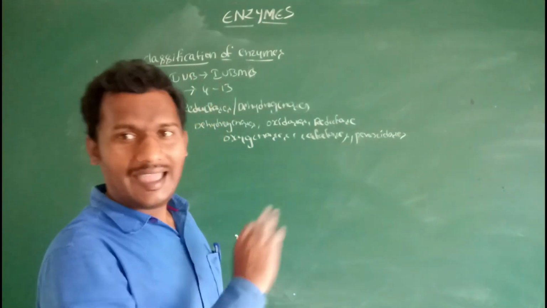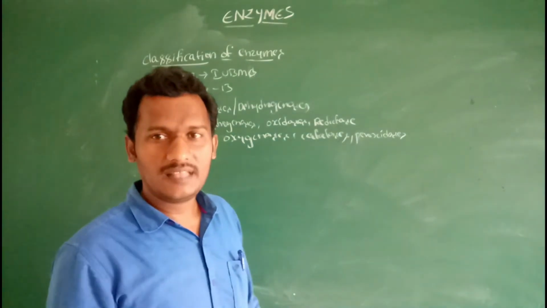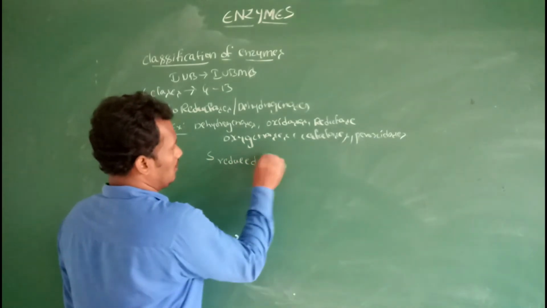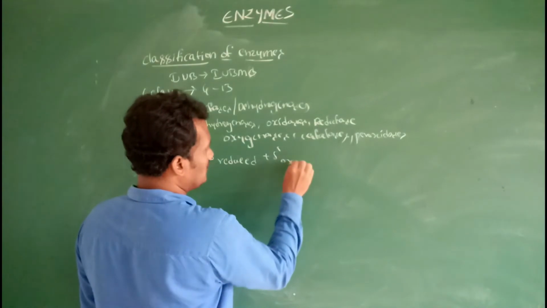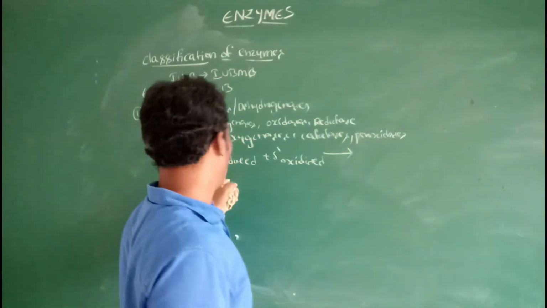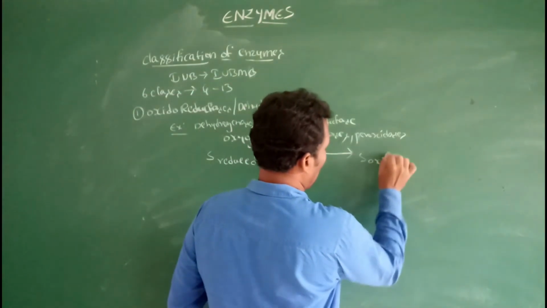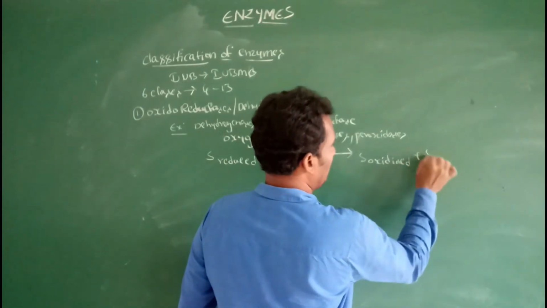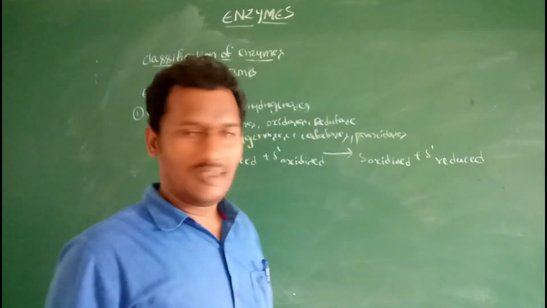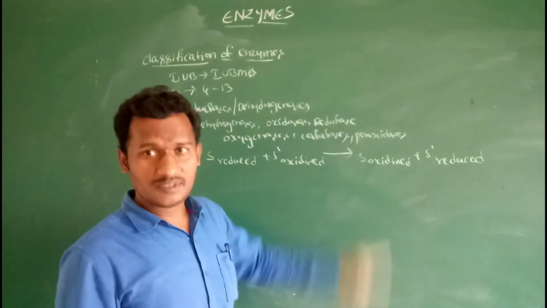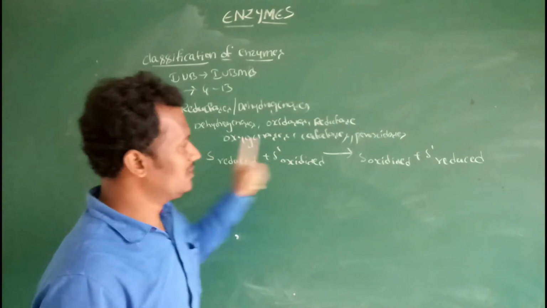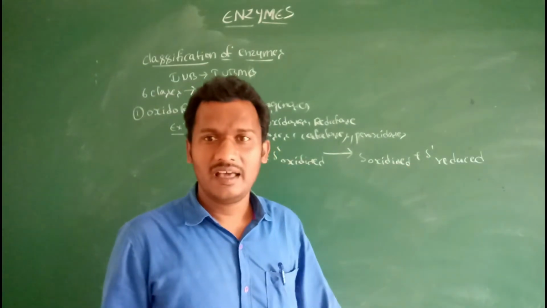They transfer electrons from one substrate to another substrate. After completion of the chemical reaction, this substrate S is oxidized, then S apostrophe appears to be reduced. This is due to transfer of electrons from S to S apostrophe. So S is oxidized, S apostrophe is reduced.